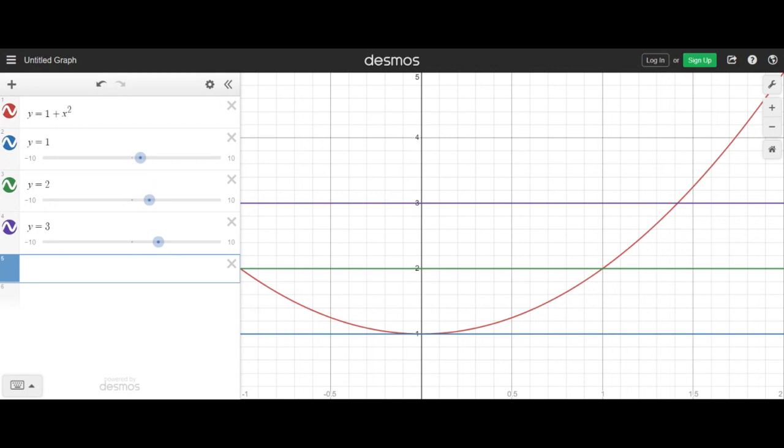Question? What was the question again? If you look at those horizontal lines, one of them is at y equals 1, one of them's at y equals 2, and one of them's at y equals 3.